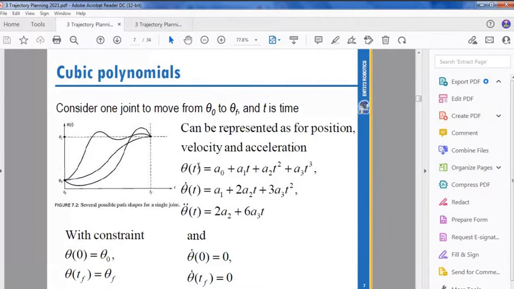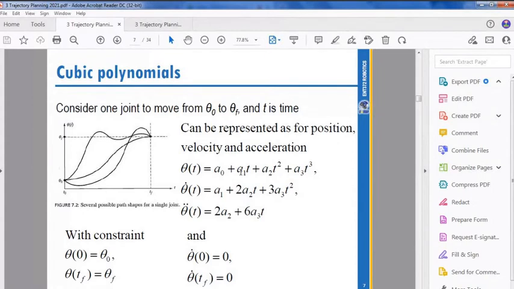So at T0, theta equals A0. A0 equals theta 0. That means if you start your arm at 10 degrees, A0 equals 10.